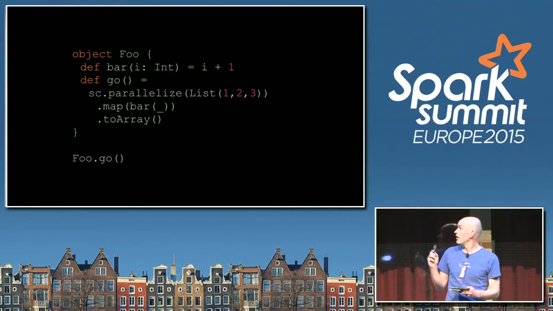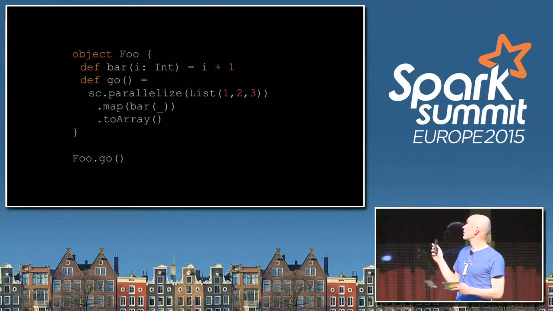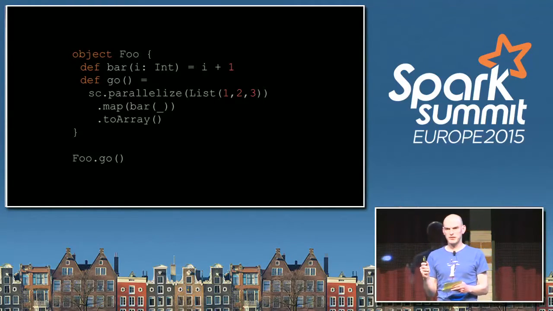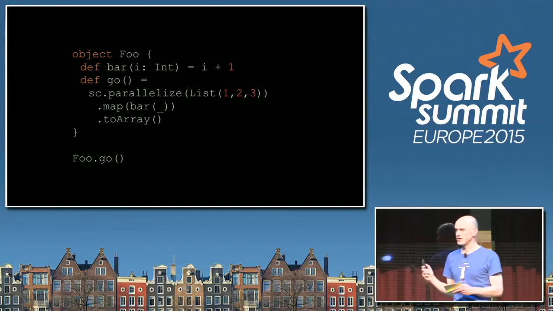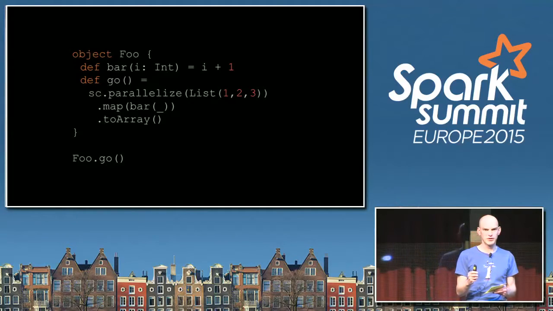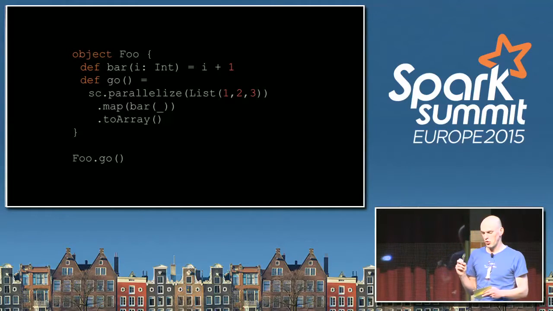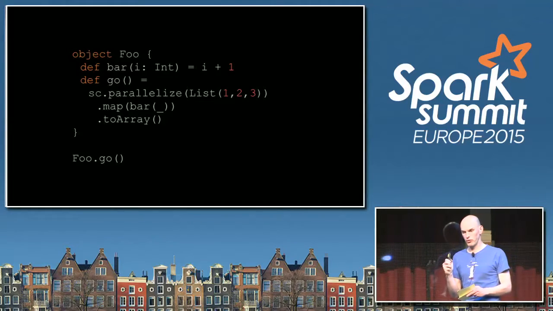Now, this is an apparently very simple bit of code which I could run on the Spark shell, but it may not be completely obvious to everybody what the output's going to be for this. What you might expect this to be is an array of 2, 3, 4.